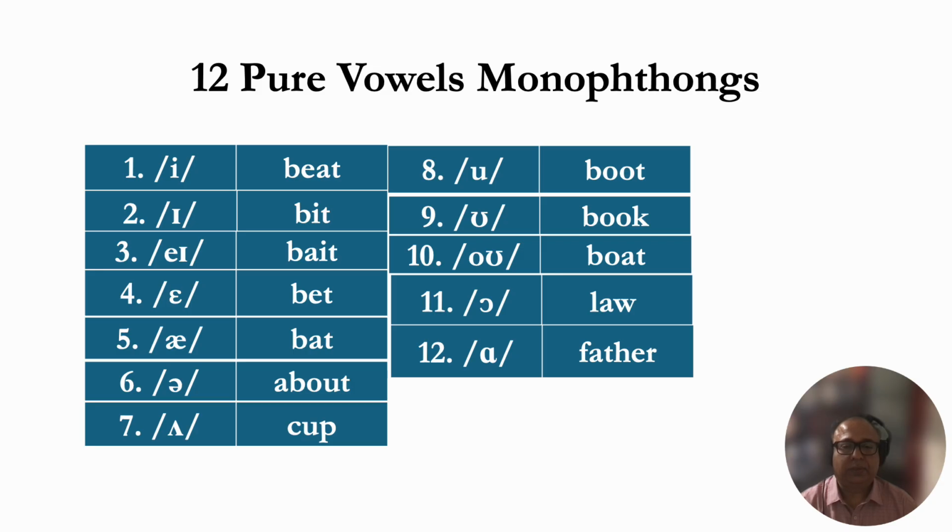So notice the difference between these two vowels. Boot, book. Number ten, boat. Eleven, law. Twelve, father.